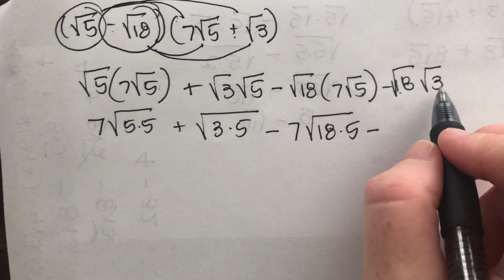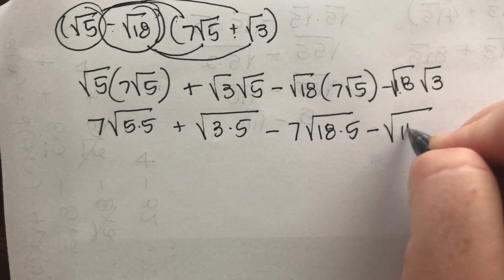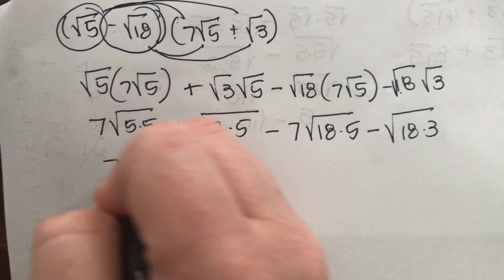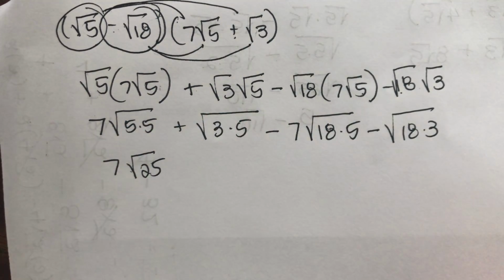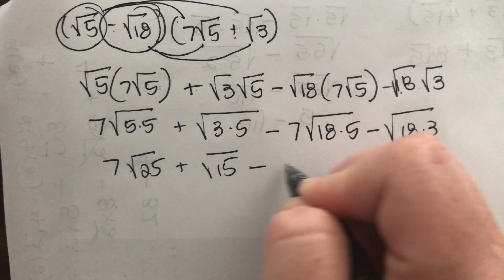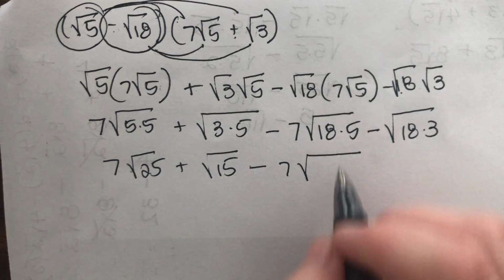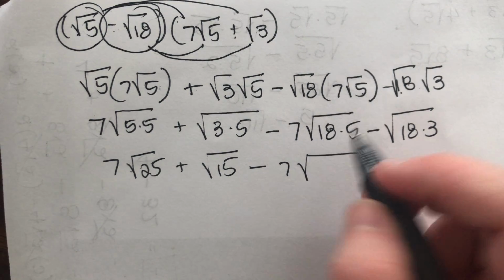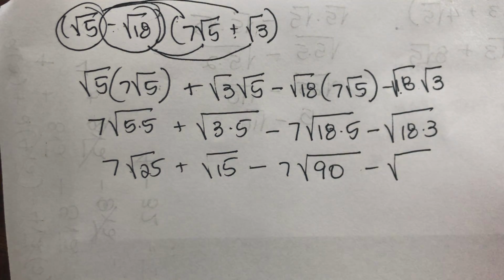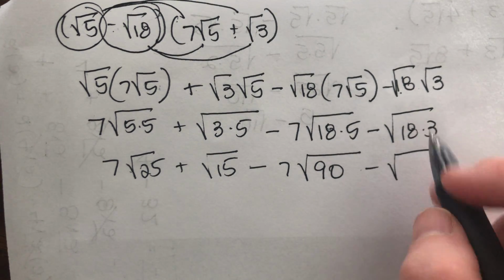Minus, and then square root of 18 times square root of 3, 18 times 3. Okay, so now I can start simplifying. 7 times the square root of 25 plus square root of 15 minus 7 times the square root of 18 times 5 is 90. And 18 times 3 is 54.